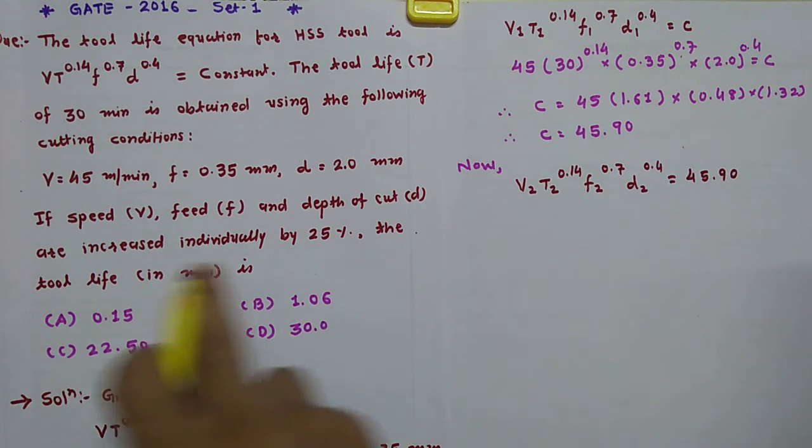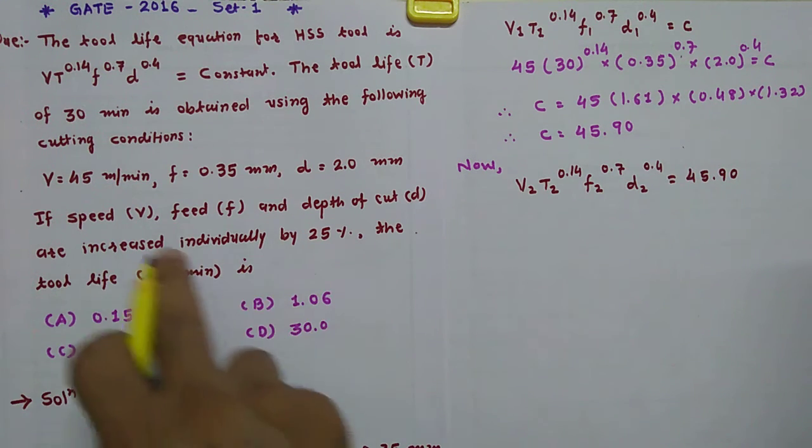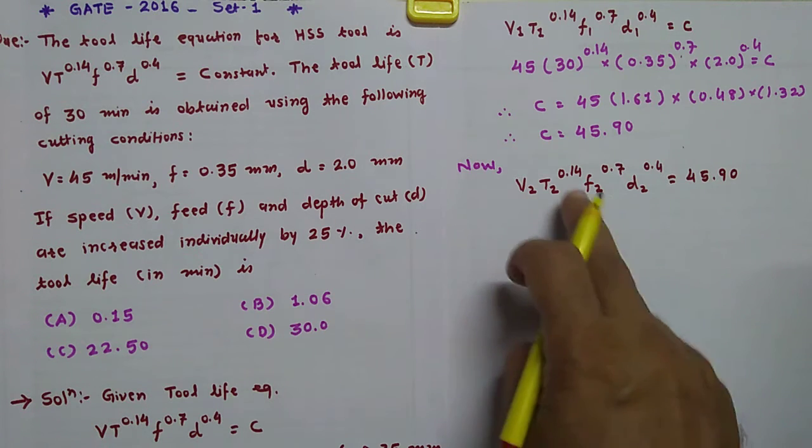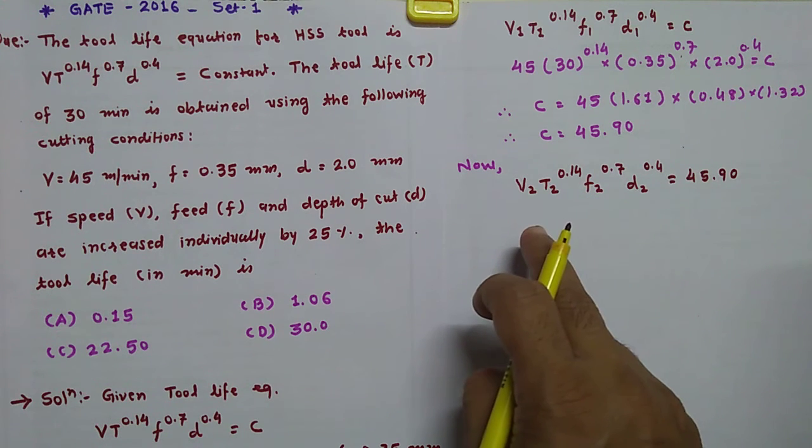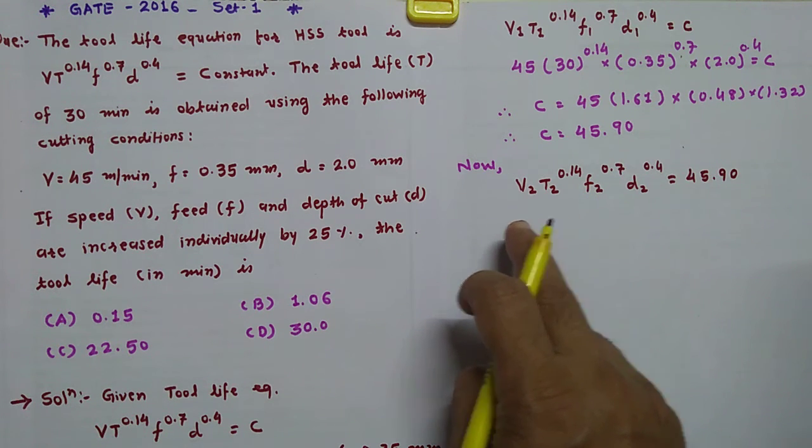Now put the values of the 25% increased speed, feed and depth of cut in this equation, so we will get the tool life T2.